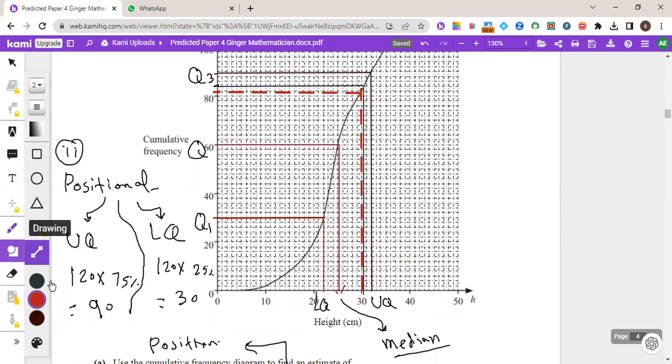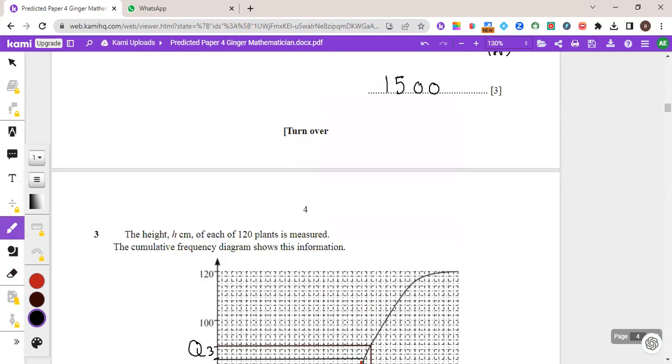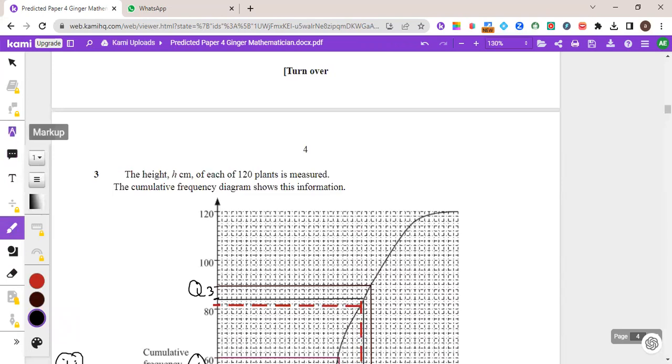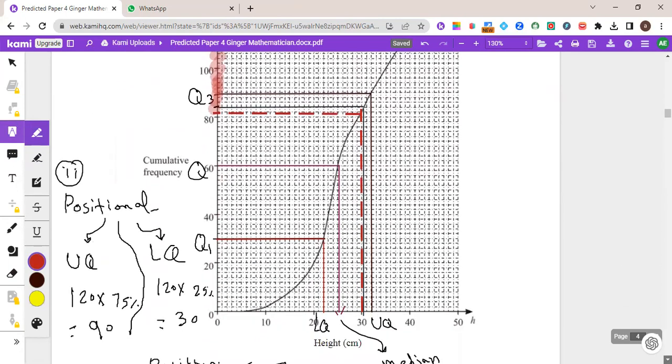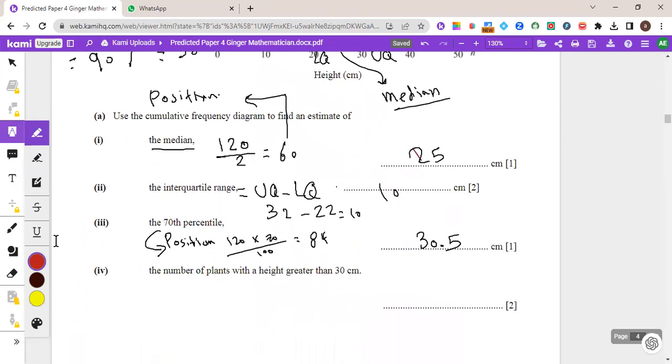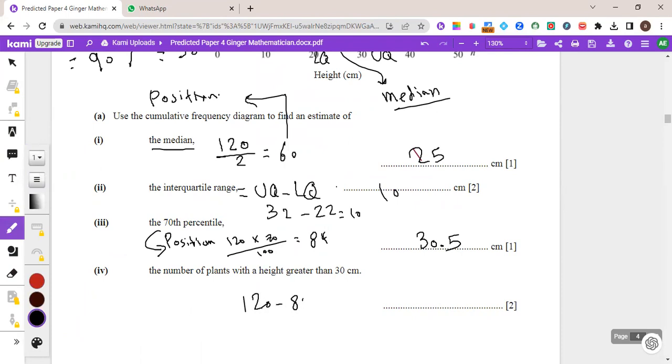It is 82. He says greater than, so you need only this part. So I will subtract 120 minus 82. The answer is 38.